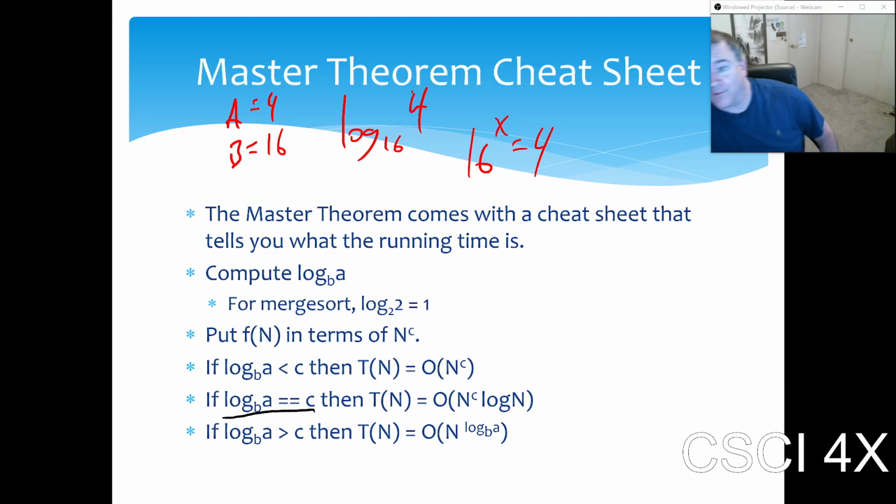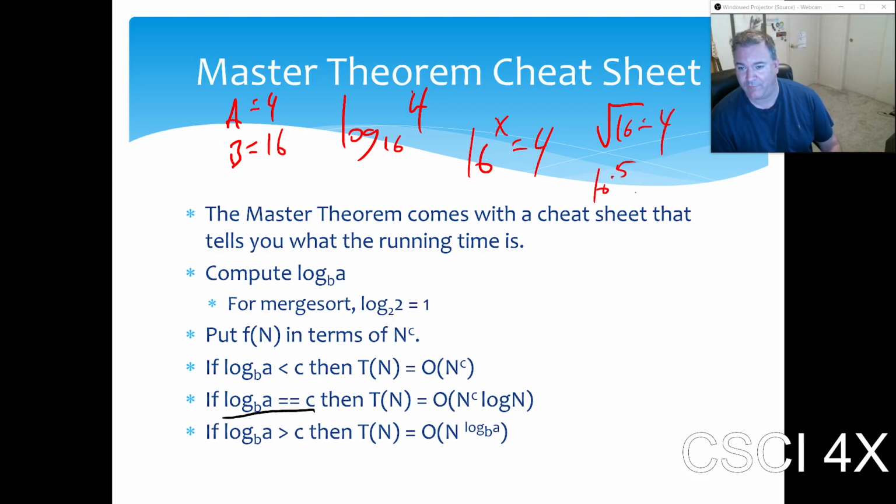N to the 8th power is incredibly slow. It's not the slowest in the world, but order n to the 8th is a really kind of bad algorithm. So what is x? Half, right? Because the square root of 16 is 4. So 16 to the 0.5 power is 4. 0.5.